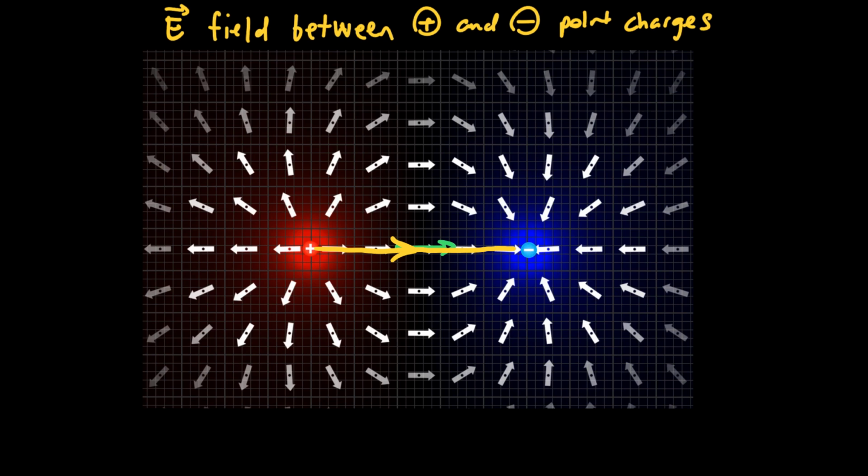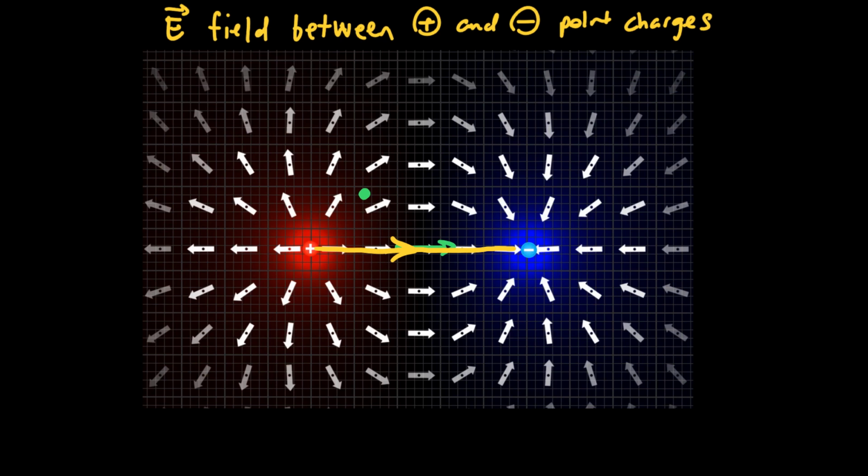If I start to place more points in this diagram, we would be able to make sense of why all the electric field line arrows are pointing in these directions. And so if I place a point here, then the force on that test charge, this green dot is a probe or a test charge that we're moving around and seeing the direction of the electric field.